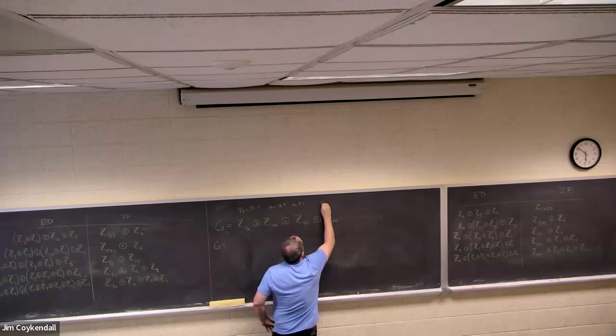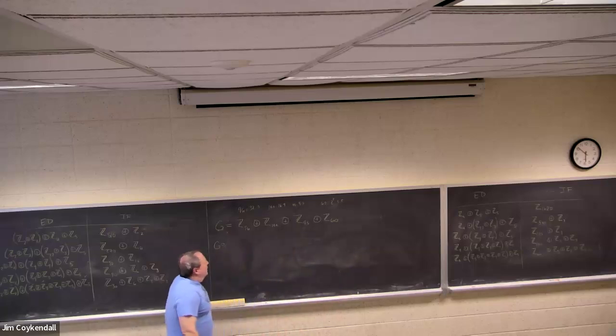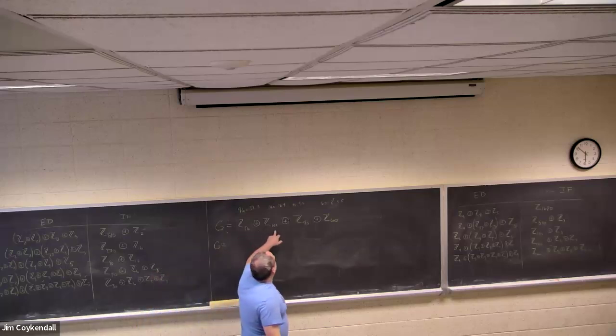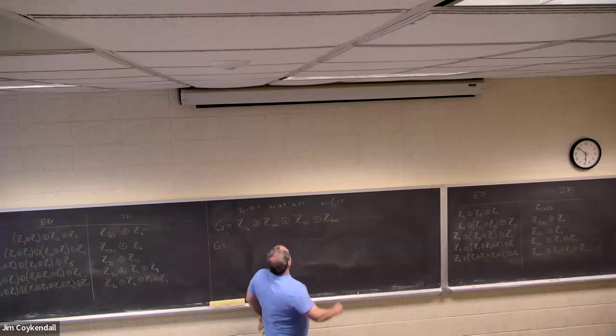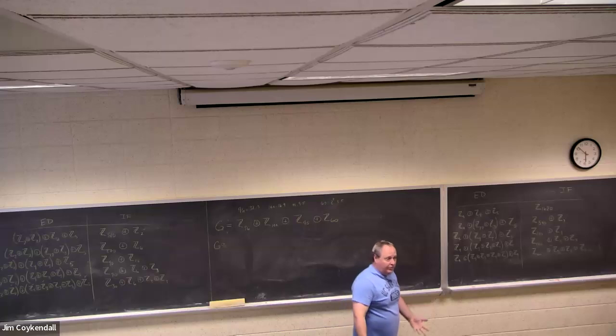And 60 is 2 squared times 3 times 5. So I factored 96, 144, 45, and 60 into prime powers.